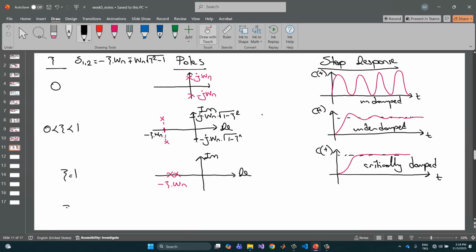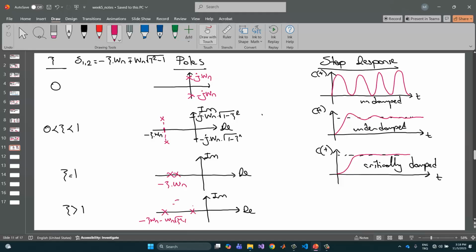What about this one? Zeta is greater than 1. This, yes, overdamped. This creates the what? Right now, the real part, not the imaginary one. Okay? And so, if we redraw these terms, this is equal to the what? This one and this one, because one of them is plus, one of them is minus, and so this one is equal to minus zeta Wn minus Wn square root of zeta square minus 1.